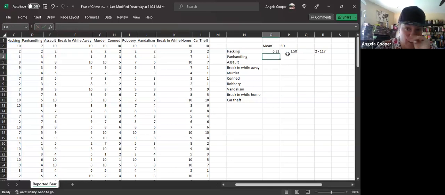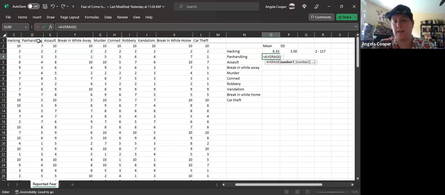Well, now we're going to do the same thing for panhandling. We'll do average. Now, though, instead of typing in C, it's in column D. So I'm going to put D2, and you'll see Excel already suggests what you're looking for. Then put a colon. Make sure you put a colon and not a comma or a period or anything else.